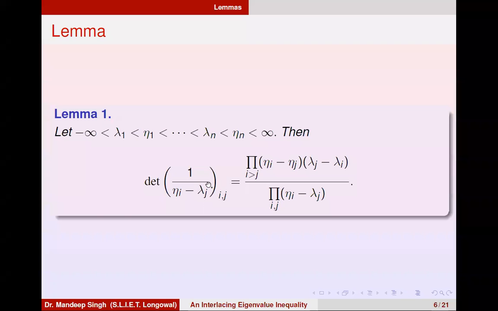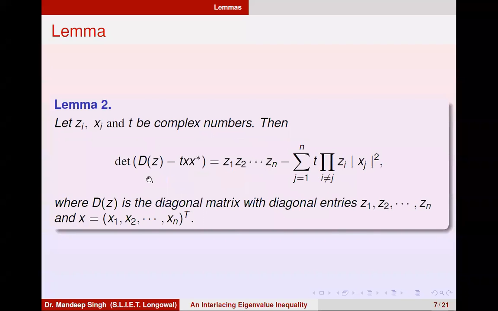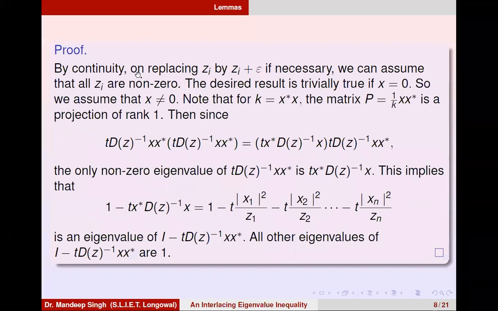The proof of this we can see by a continuity argument. We can assume that the z_i are non-zero. If any of the z_i is 0, then I can replace that 0 by z_i plus epsilon, with epsilon a very small positive number.